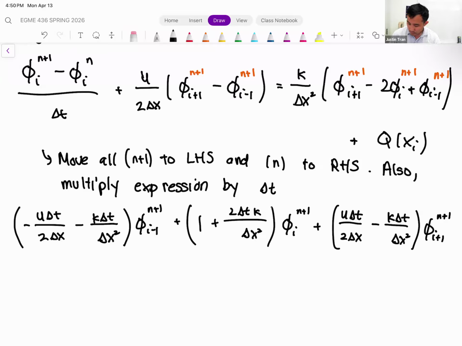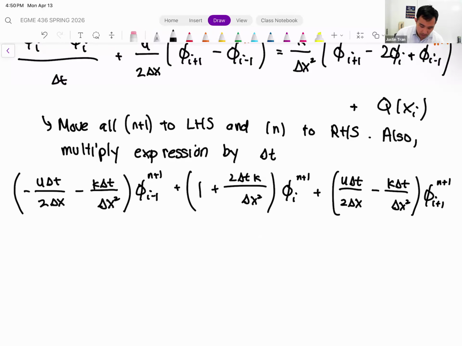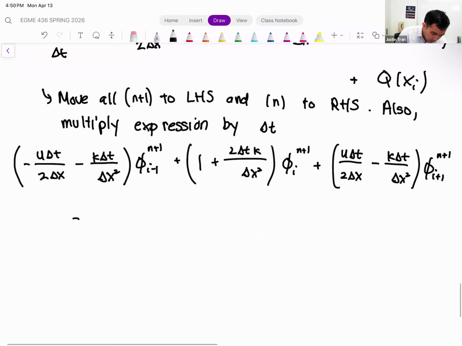Everything with n plus 1, we've moved over to the left-hand side. And on the right-hand side, we only have a couple terms: phi i at n, which came from the time derivative term, plus q at x i multiplied by delta t.